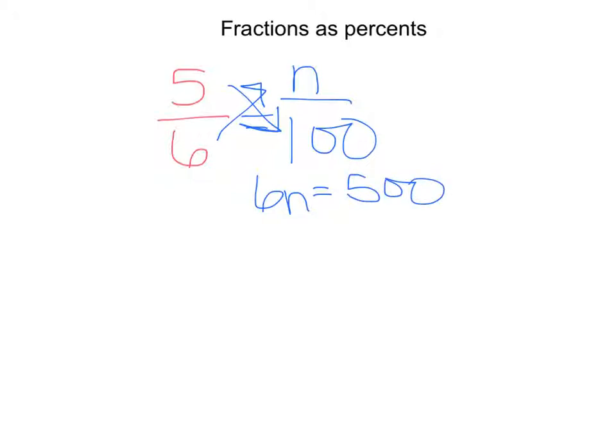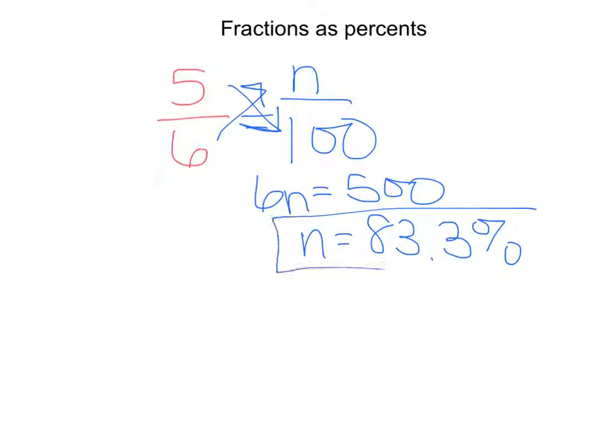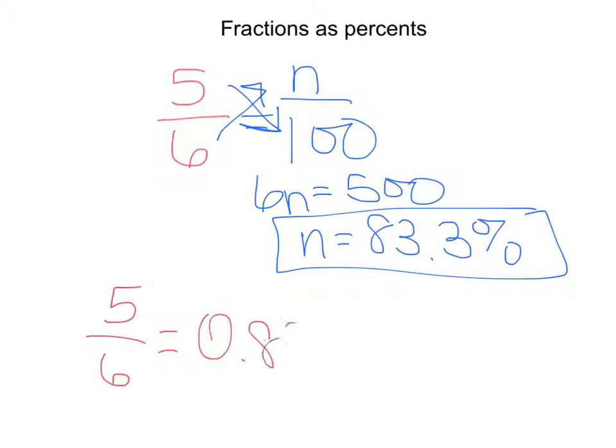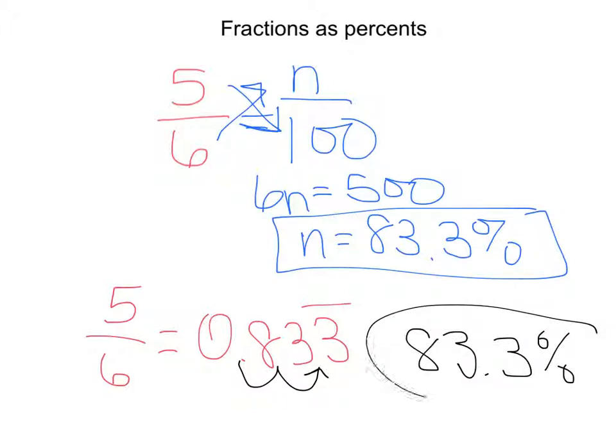Then you take 500 and divide it by 6 and you get 83.3 repeating percent. We can do the same method where you divide the numerator by the denominator and you're going to get 0.833 repeating. Here you move the decimal 2 places and so you get 83.3% again.